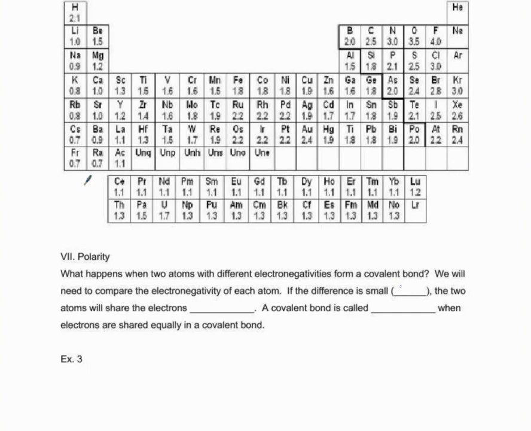If the difference is small, as in less than 0.5, the atoms will share the electrons equally. When we're sharing equally, a covalent bond is going to be called nonpolar.